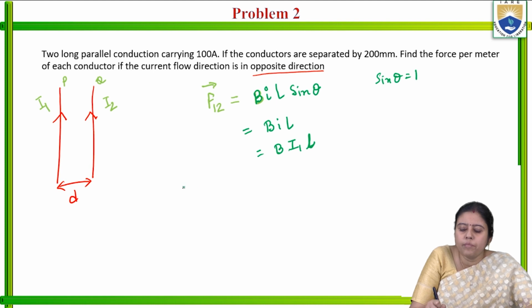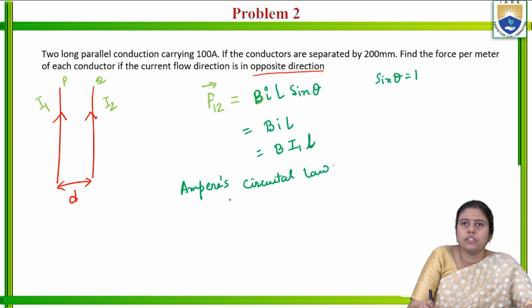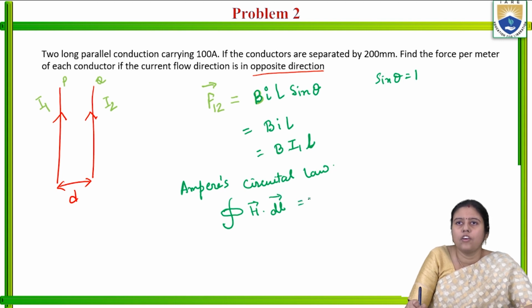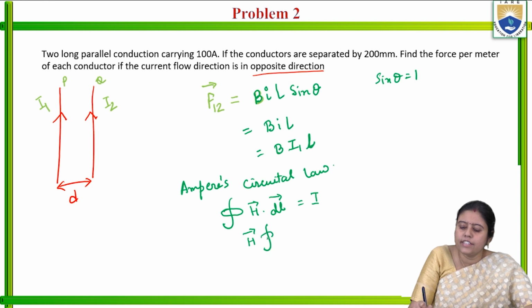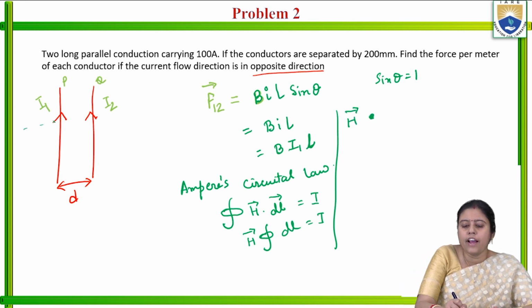We know that from Ampere's circuital law, we can write the integration of H dot dl is equal to I. So H times the integration of dl is equal to I. As I told, from Ampere's circuital law, the path is circular.